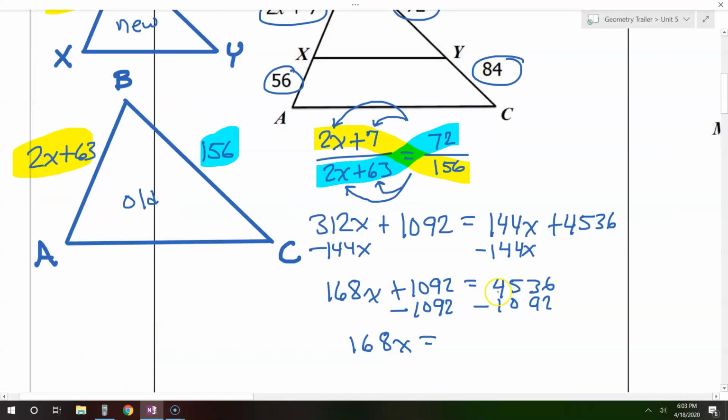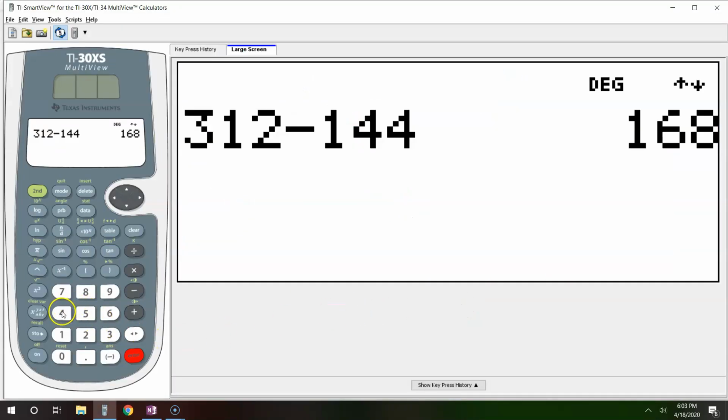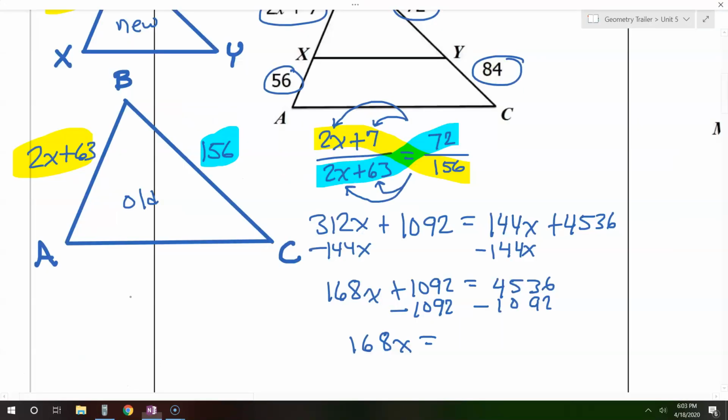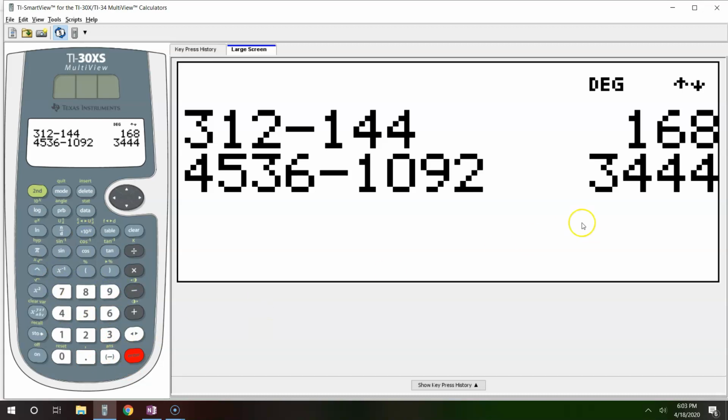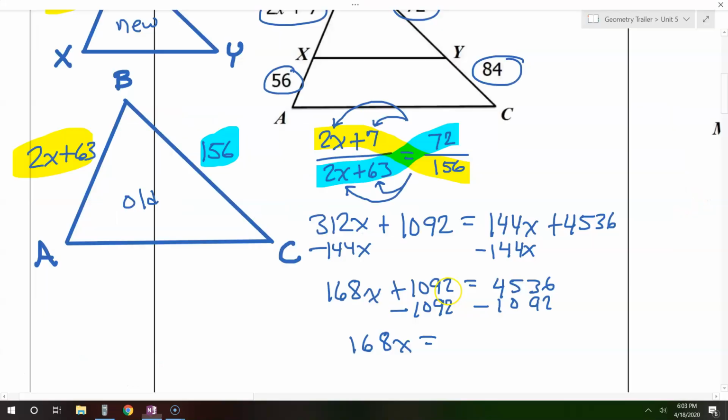Okay, so I'm going to subtract 4,536, all right, minus 1092. All right, 3,444. Okay, don't you just love these big numbers?